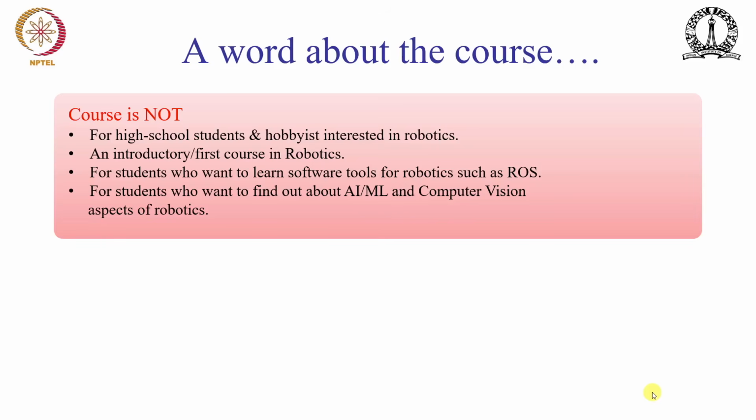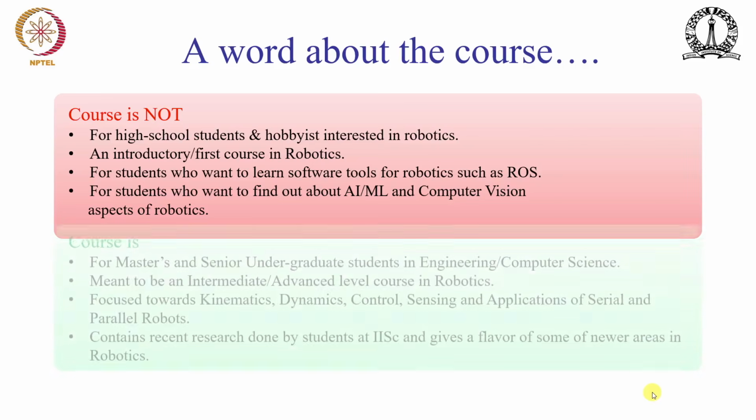It is also not an introductory or a first course in robotics. It is not for students who want to learn software tools for robotics, such as Robot Operating System. It is also not for students who want to find out about AI, ML, and computer vision aspects of robotics. There are other courses which cover these aspects.